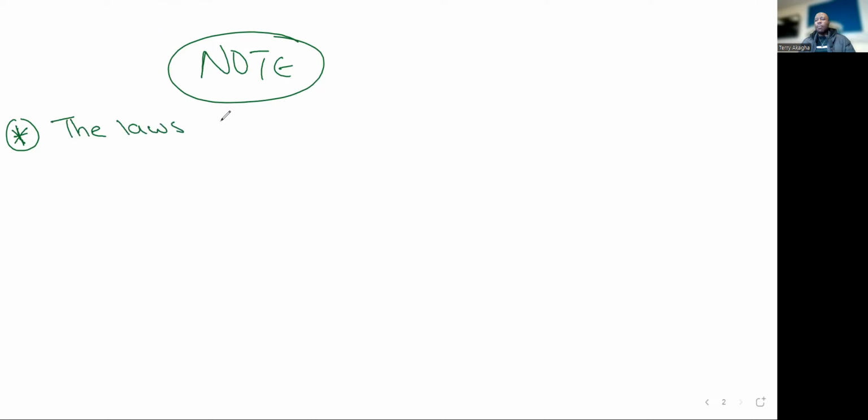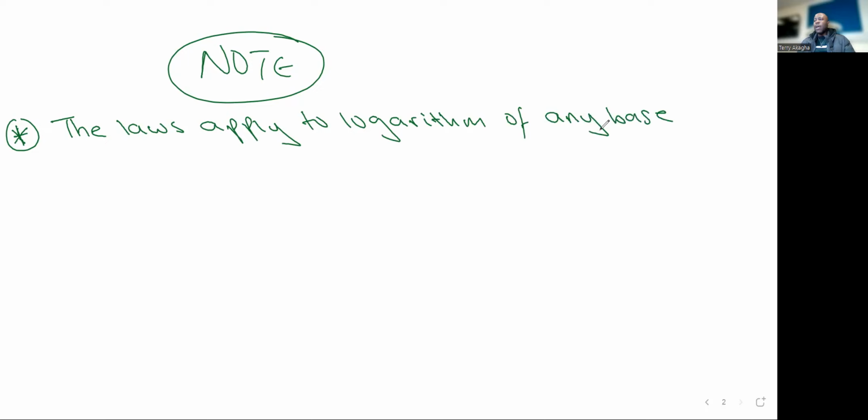The laws apply to logarithm of any base. It could be base 10, base e, base 5, it does not matter. But the same base must be used throughout the calculation.